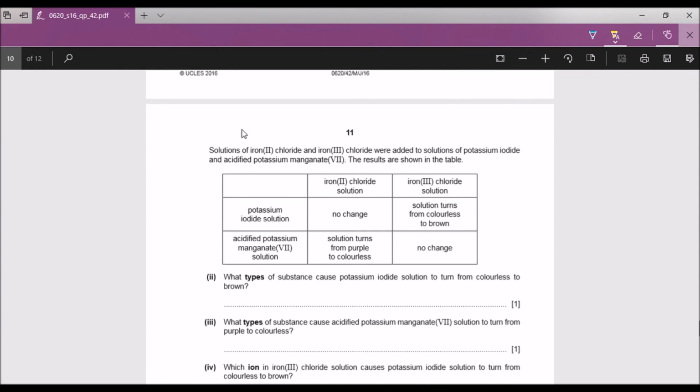Anyway, solutions of iron 2 chloride and iron 3 chloride were added to solutions of potassium iodide and acidified potassium manganate(VII).